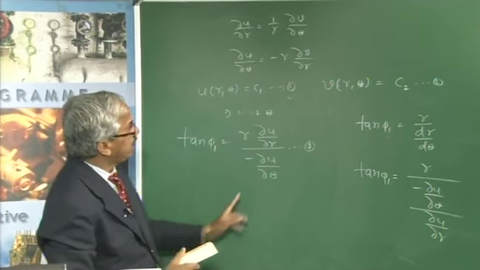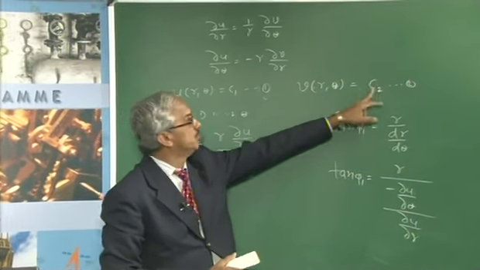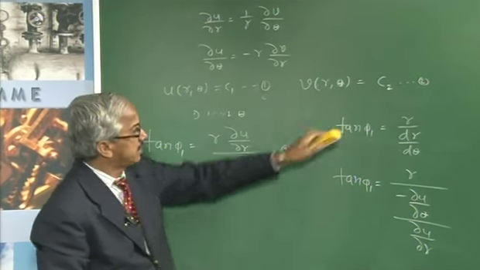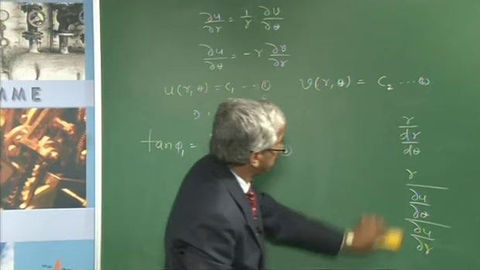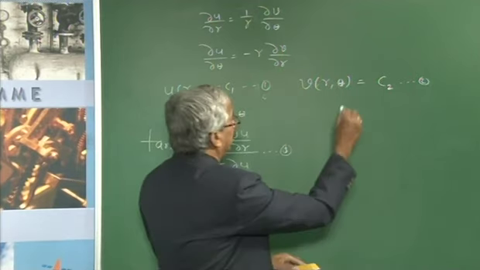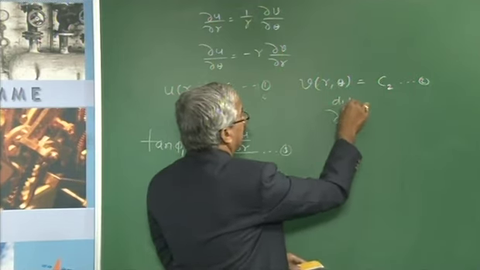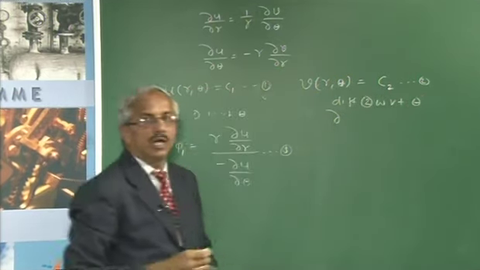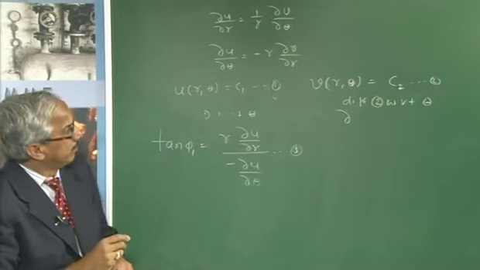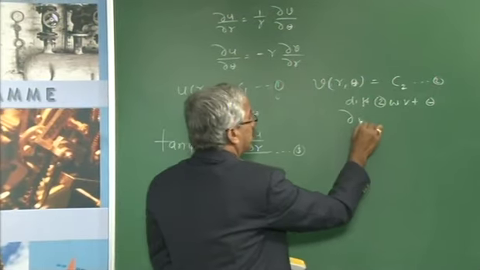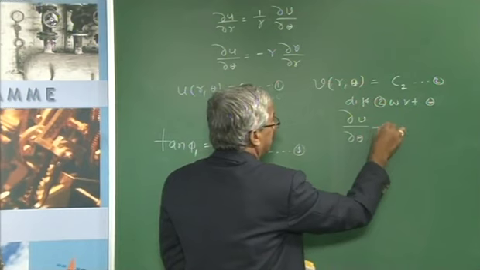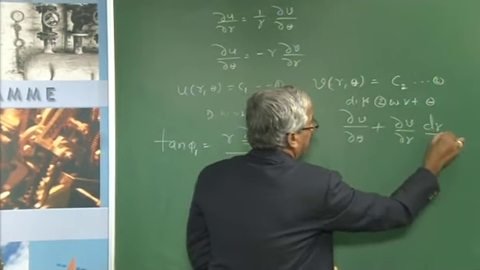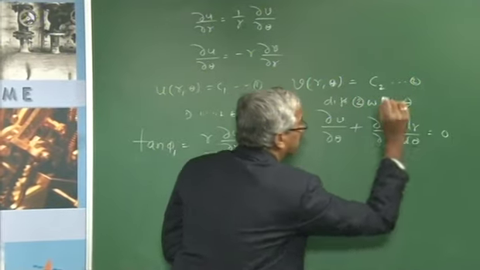Now, similarly, differentiate 2 with respect to theta. That gives dou v by dou theta plus dou v by dou r into dr by d theta is equal to 0.